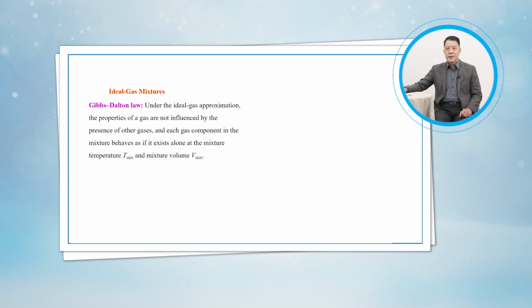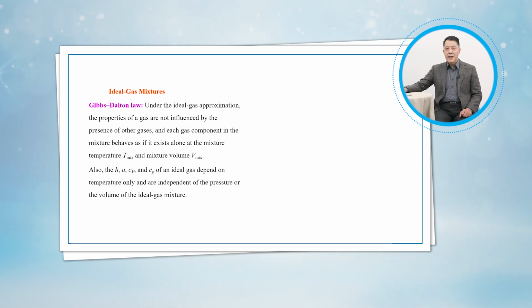Also, the properties of an ideal gas depend on temperature only and are independent of the pressure or the volume of the ideal gas mixture. The partial pressure of a component in an ideal gas mixture is simply Pi, where P mix is the mixture pressure.